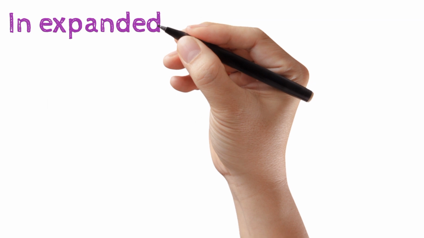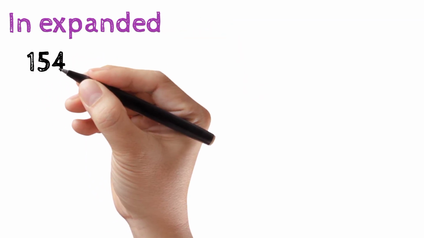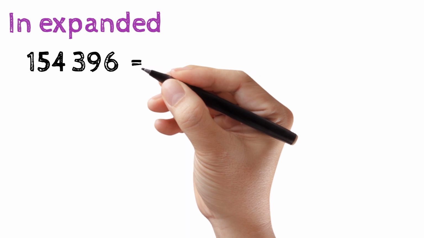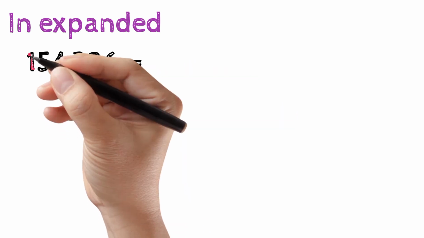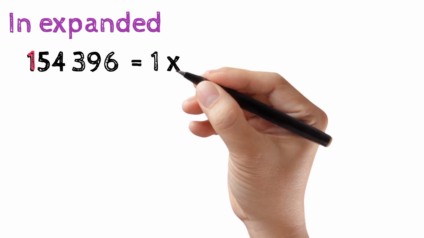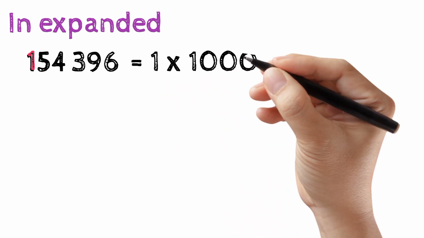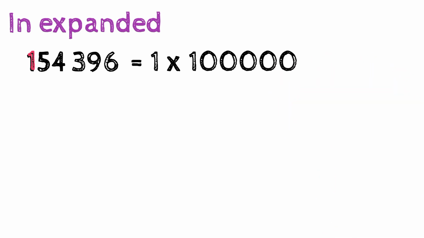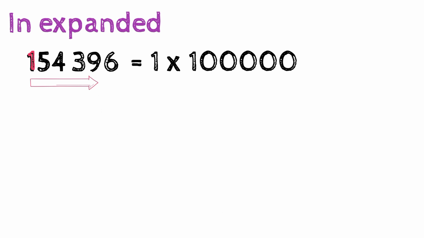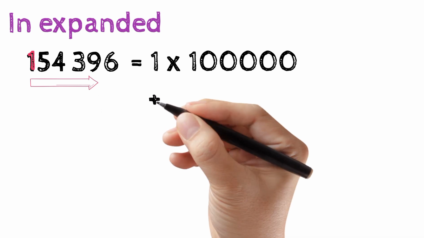So we can write any numeral or any number in expanded form. So for example, if we consider the first example here, if you have to write this number in expanded form, starting from the first number, which is in 100,000, we take 1 times 100,000, then it is followed by those numbers going to the right hand side.